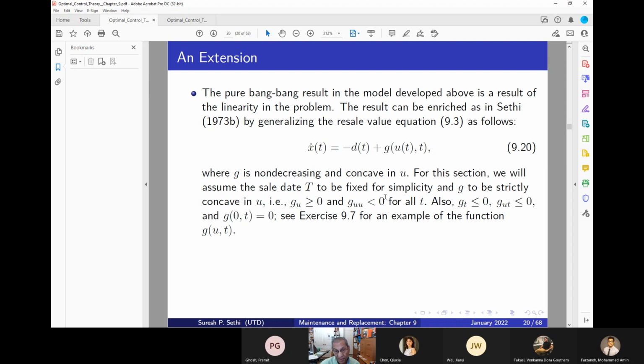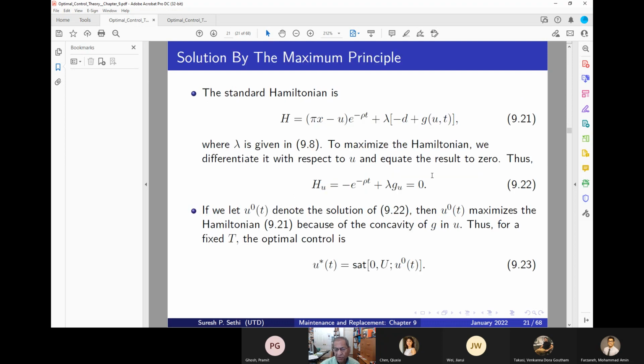So we have an assumption here that maintenance can only slow down the degradation of the salvage value, but it cannot increase the salvage value. This kind of assumption is reasonable. But anyway, all I'm trying to say is that when you do something like this, you can use the maximum principle.